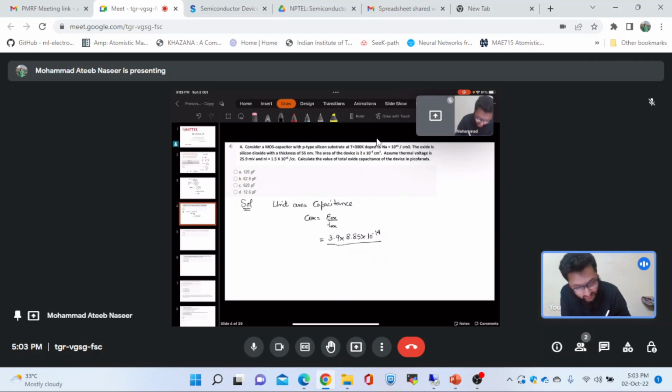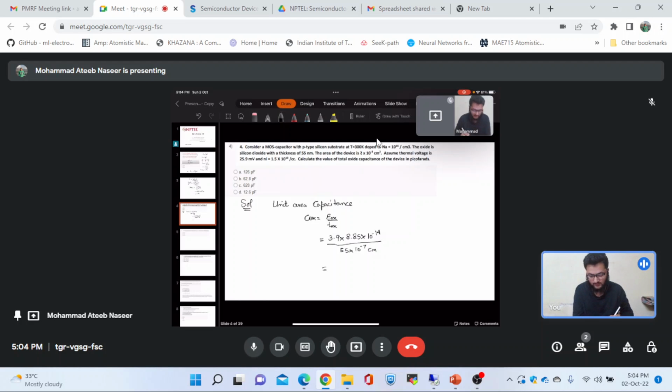This has to be divided by the thickness, which must be in centimeter units. Since it's 55 nanometer, it is 55 into 10 to the power minus 9 meters, or simply 55 into 10 to the power minus 7 centimeter if I take centimeter units.